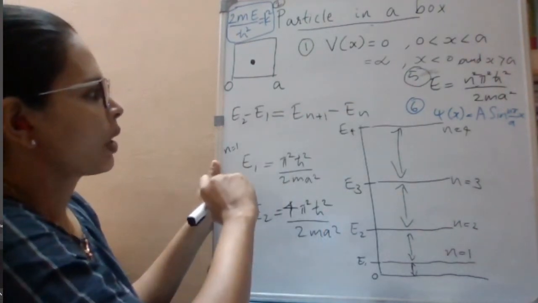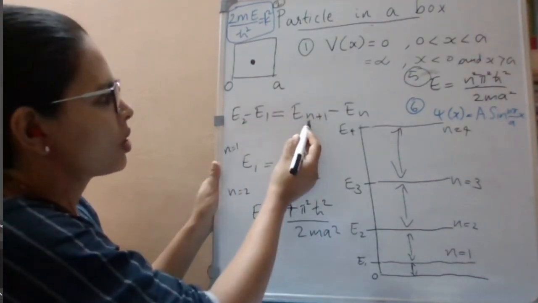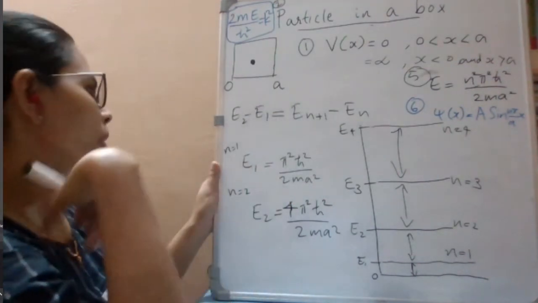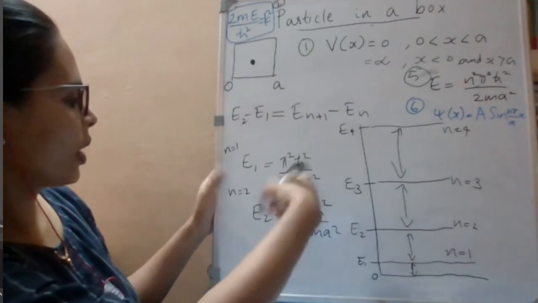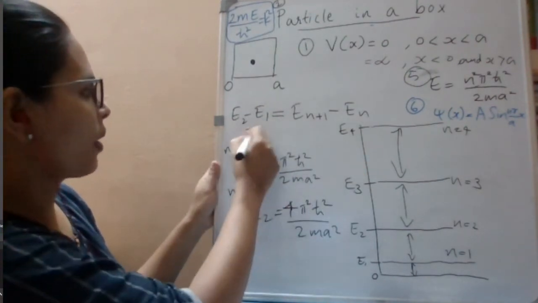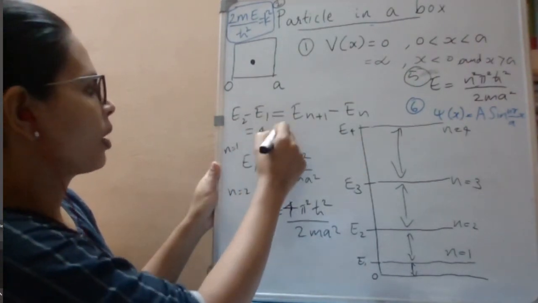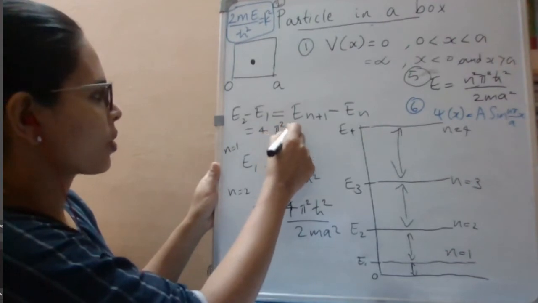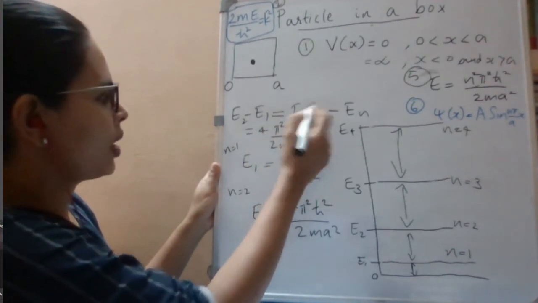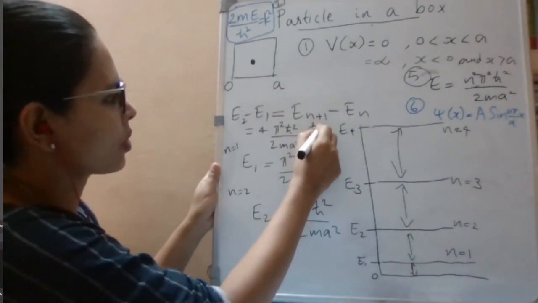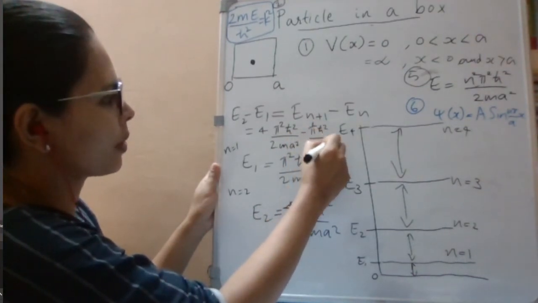Here our n is 1. So give the values. What you have is 4 pi square h cut square by 2ma square minus pi square h cut square by 2ma square.